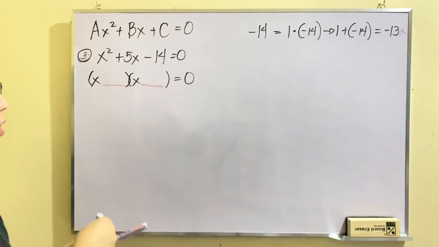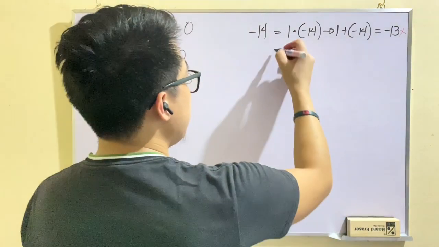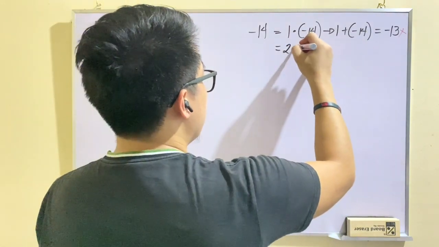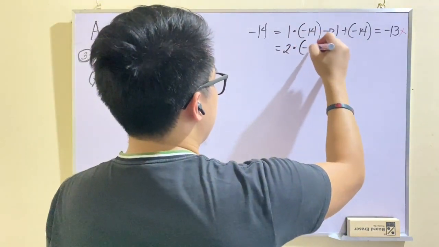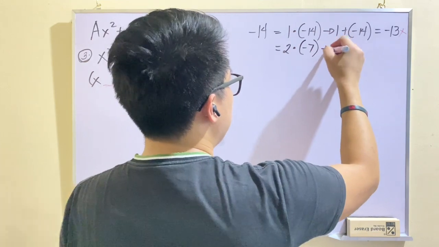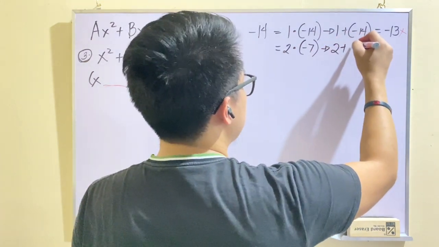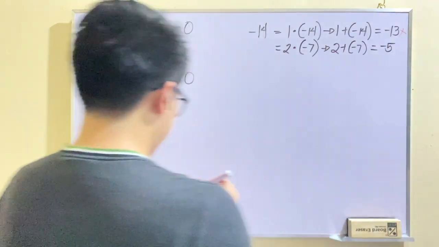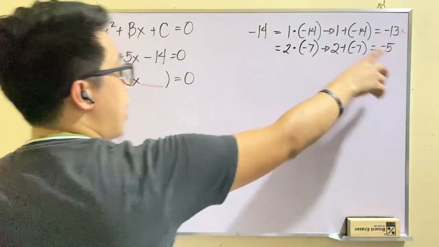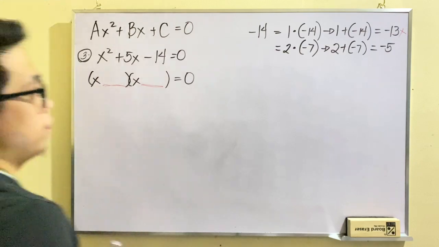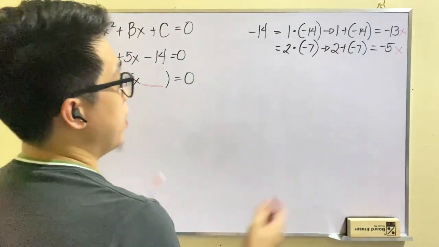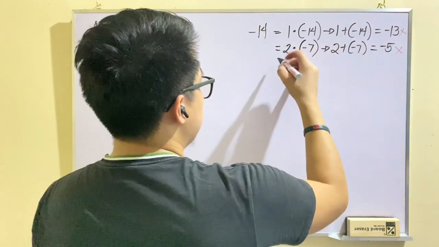Positive 5 dapat ang kanyang sum. Next, factor of negative 14. 2 times negative 7, kapag pinag-plus, 2 plus negative 7 is negative 5. Negative 5 ang kailangan, positive 5. So, hindi ulit ito.